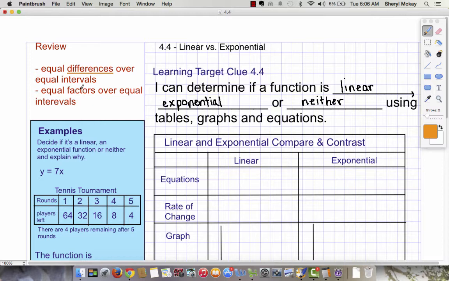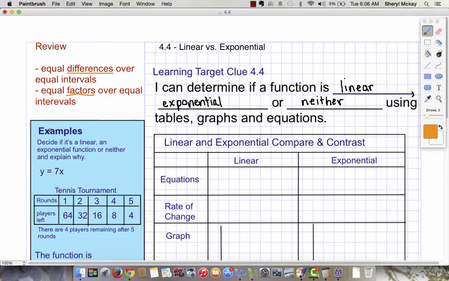That means that if I take my y values and I subtract them from each other, from one term to the next, I'll get the same difference each time. Whereas equal factors over equal intervals is what represents an exponential.